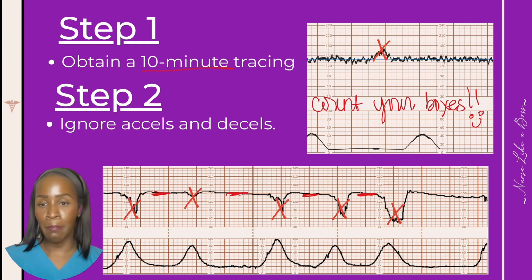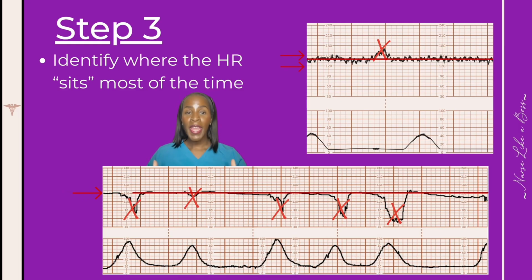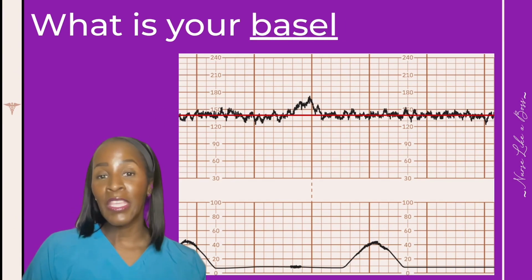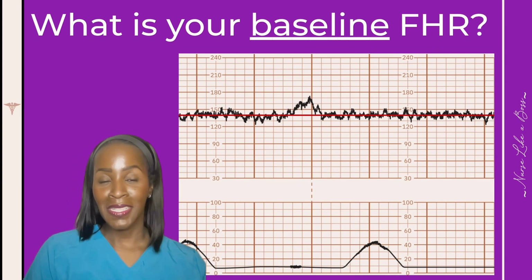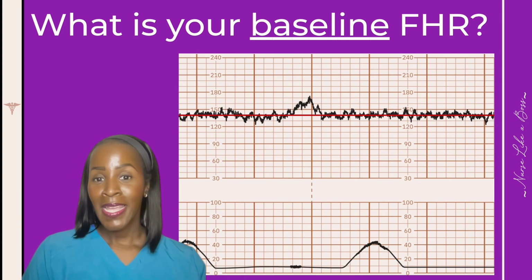So just cross them out, act like you don't see them. Step 3, where on the entire page does your fetal heart rate line hover? Where does it sit most of the time? So now pause and you give this a try. Let me know what you think the baseline is. I'll give you a hint. It's outlined in red.